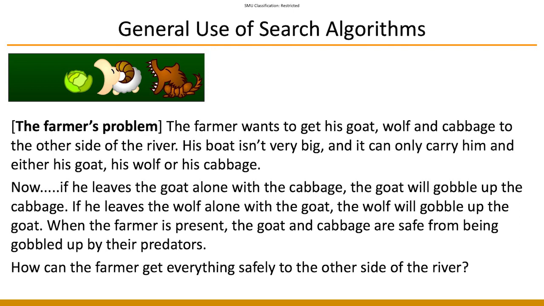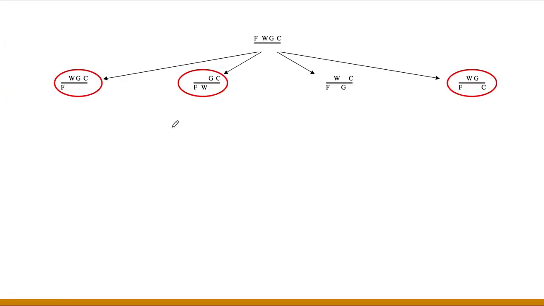So he has to be very careful in planning how he's going to cross the river without having any undesirable outcomes along the way. And we'd like to find a way such that the farmer can safely cross the river with the minimum number of steps.